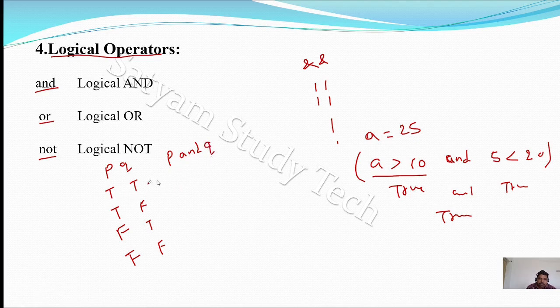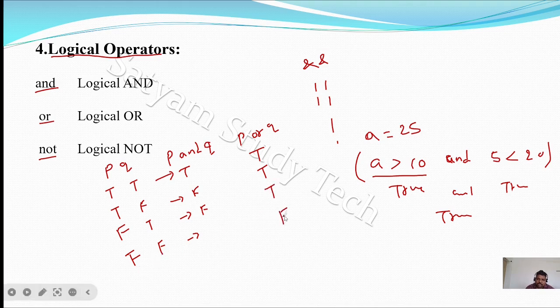Only if both are true is it true. Otherwise, if any one is false, it is false. Now you can use P or Q. In this case, if any one of the expressions is true, then the result is true. So here it is true, here it is true, here it is true. Here both are false, that's why it is false.